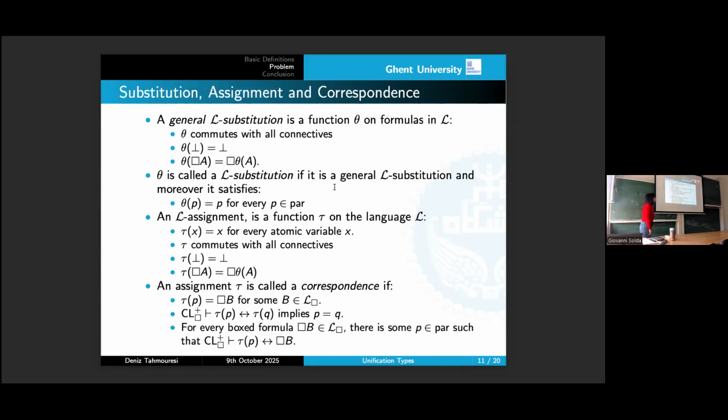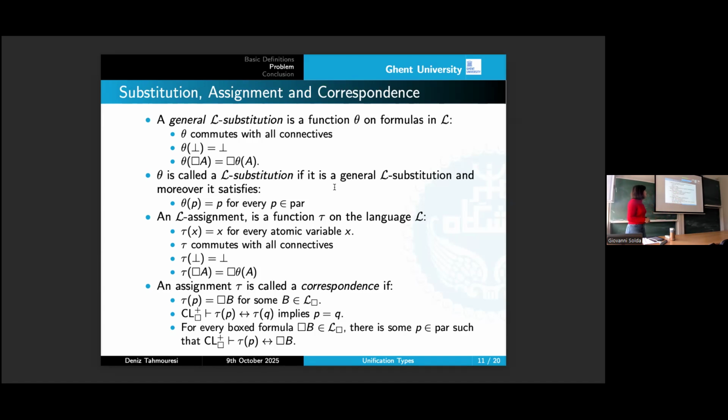And a general L substitution, if I want to say it in an easier way than what I wrote, is something that applies on variables and parameters, and it will commute with all connectives. If the language has bot, then it is also going to commute over bot and fix its identity.